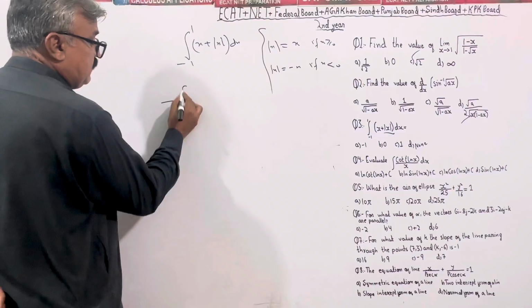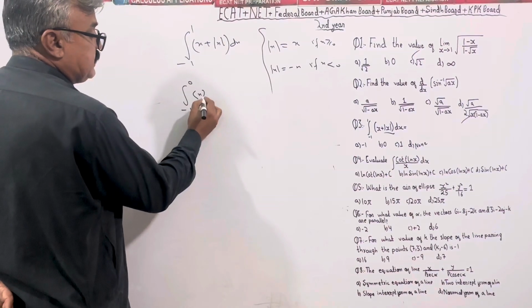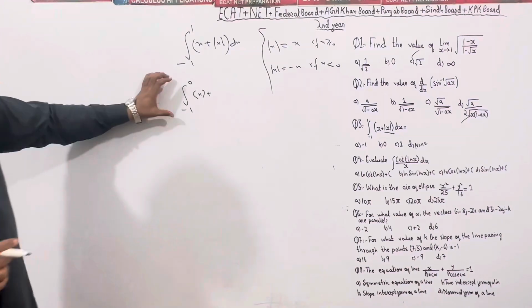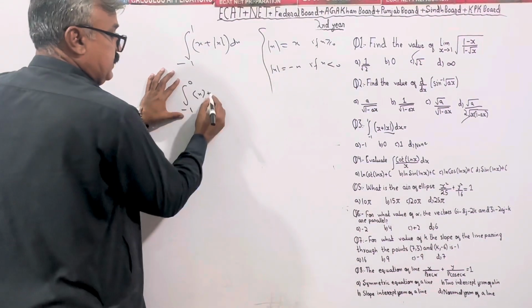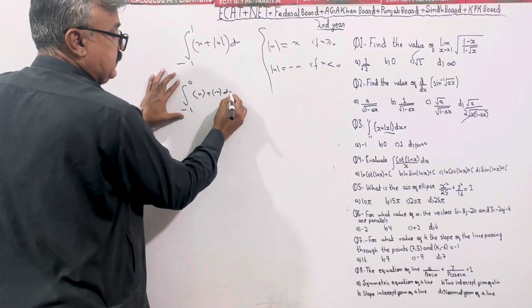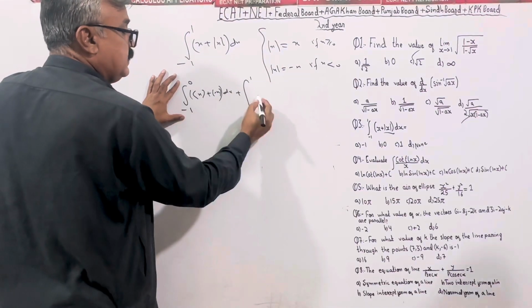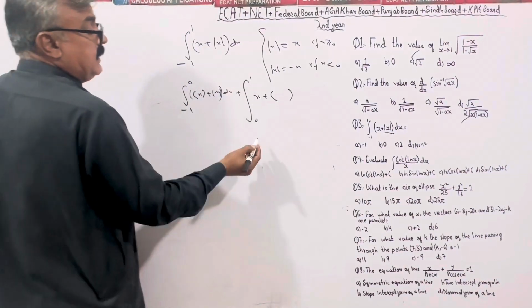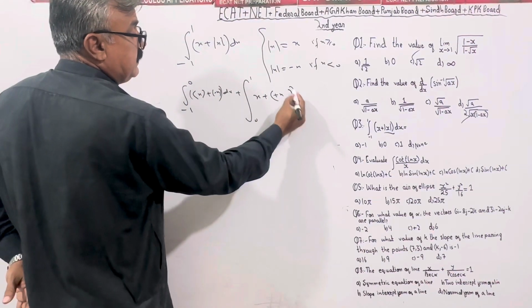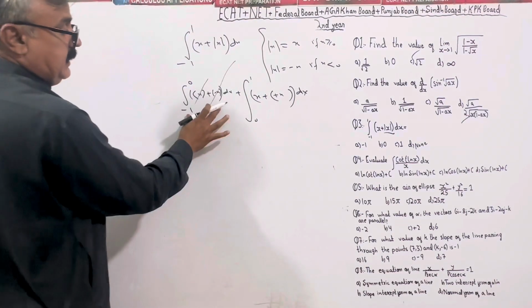The negative portion, limit minus 1 to 0, x plus, whenever our interval is negative, x is less than 0, take the mod as negative x, dx, plus 0 to 1, x plus, whenever the limit is greater than 0, we have to introduce positive x times dx. Okay, cancelled out, it's 0.